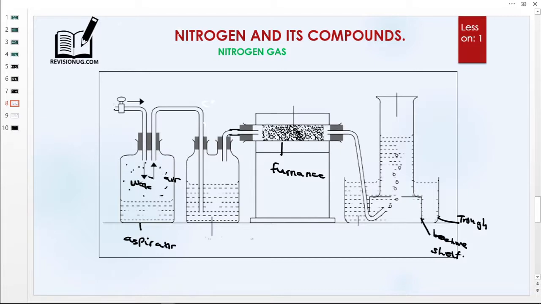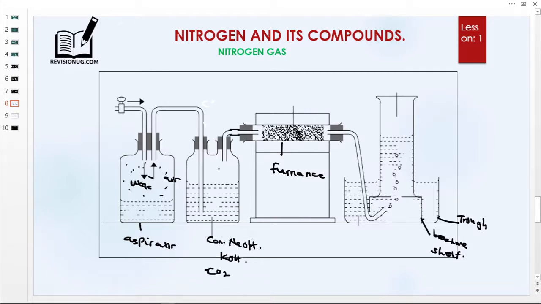As we use this tap water, it is going to force out the air, so the air will move upward here. Then it will be dropped into the second bottle containing concentrated sodium hydroxide. If we don't use sodium hydroxide, we can use potassium hydroxide. Its importance is to absorb carbon dioxide.